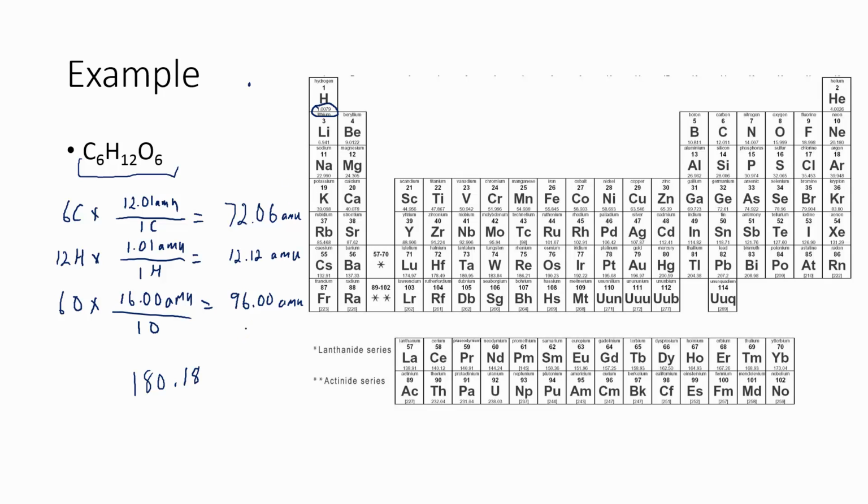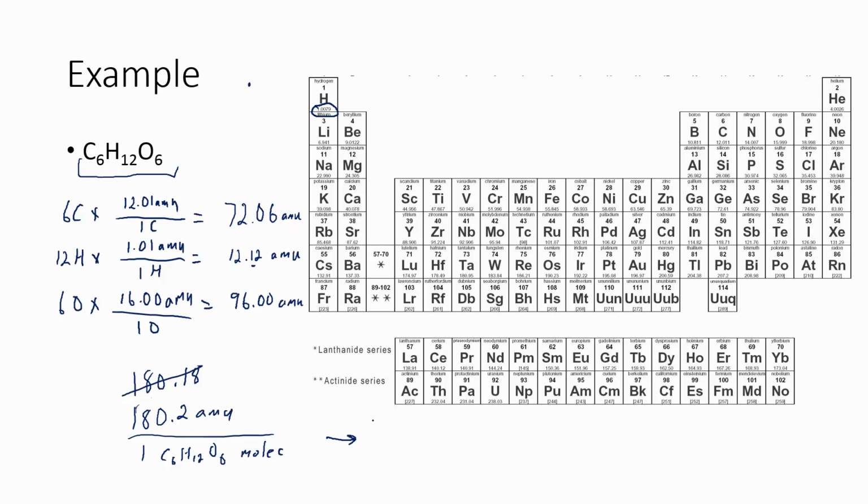We're adding here, so we have a certain number of sig figs that we're going to stay with. Technically we only really have that first decimal there, so sig fig wise, we have 180.2 AMUs for every one C6H12O6 molecule. That's the molecular weight.